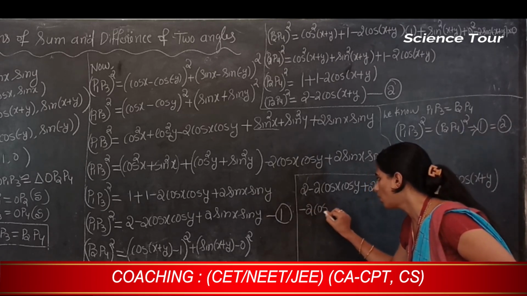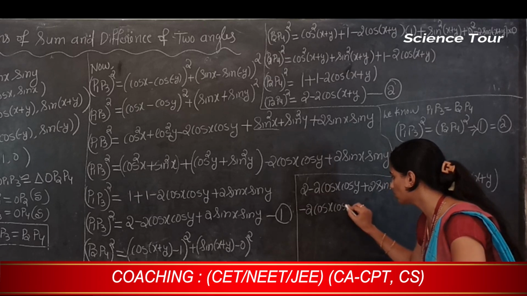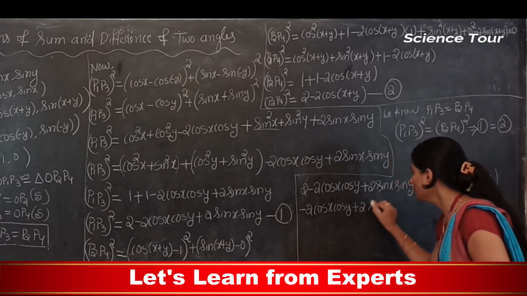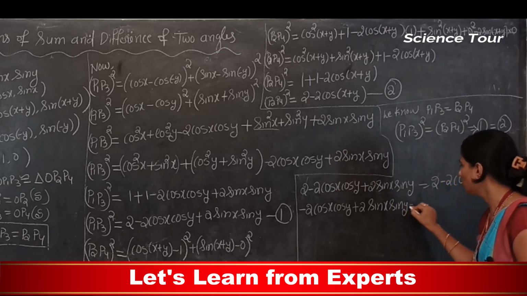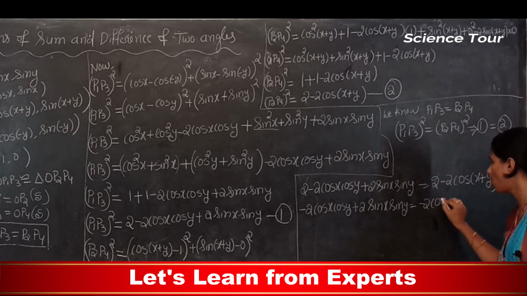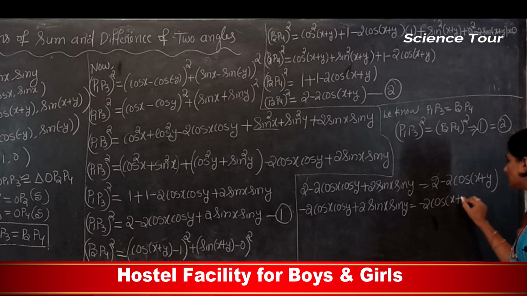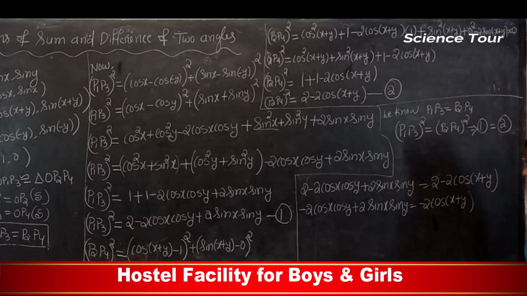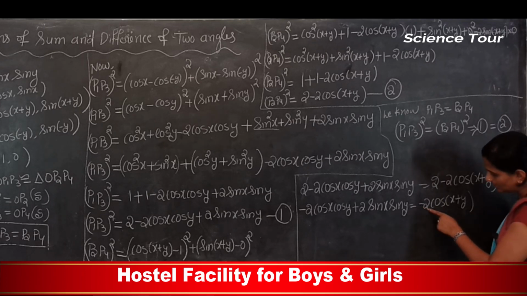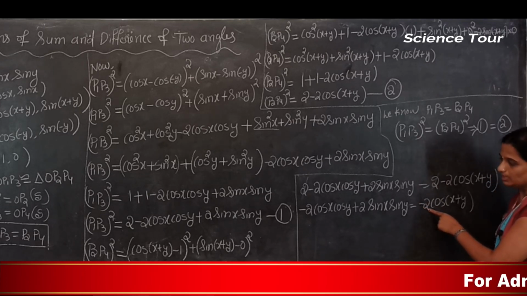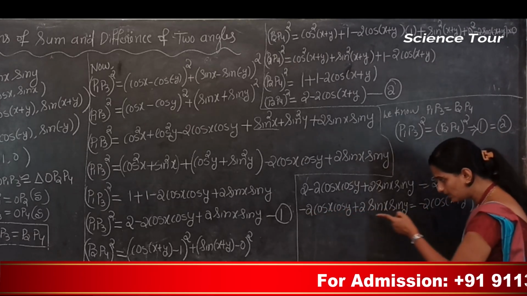Minus 2 cos x cos y plus 2 sin x sin y, that is equal to minus 2 cos of (x plus y). Alright. So in this side it is minus 2, this side is minus 2. So here simplify this side.